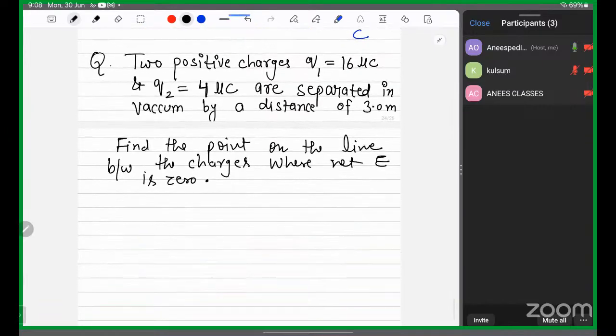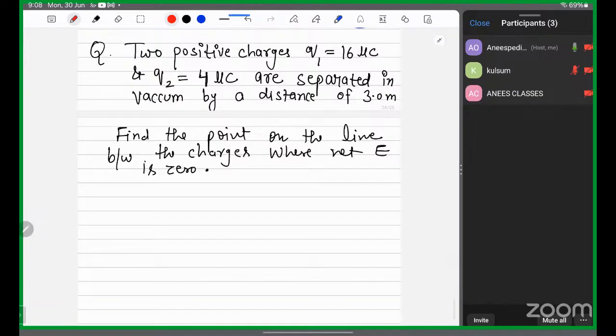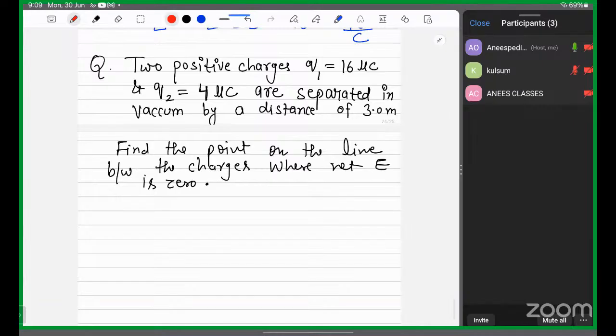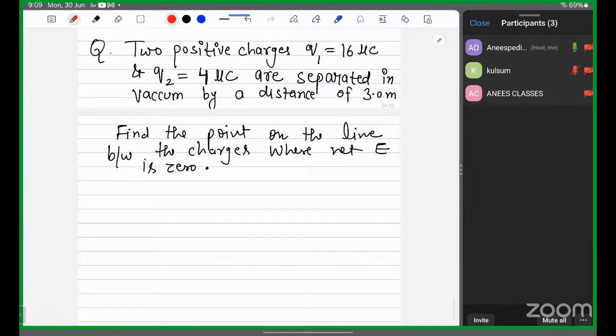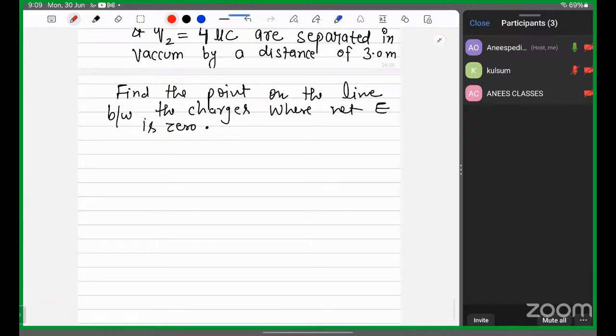This is a good level question. Such questions come in boards and also in NEET. So we are given two charges Q1 and Q2, with magnitudes 16 microcoulomb and 4 microcoulomb. They are separated at a distance of 3 meter, and we want to find the point on the line joining these two charges where electric field will be zero.